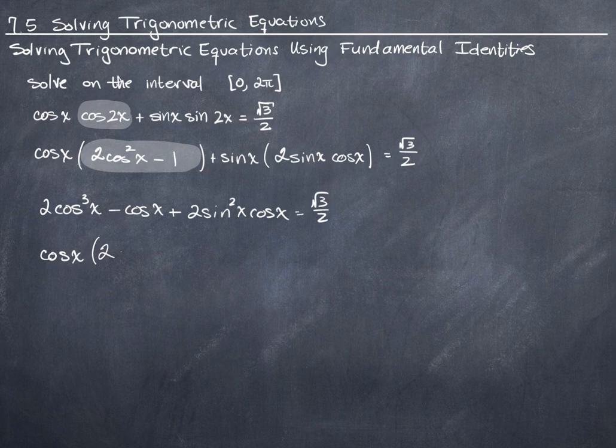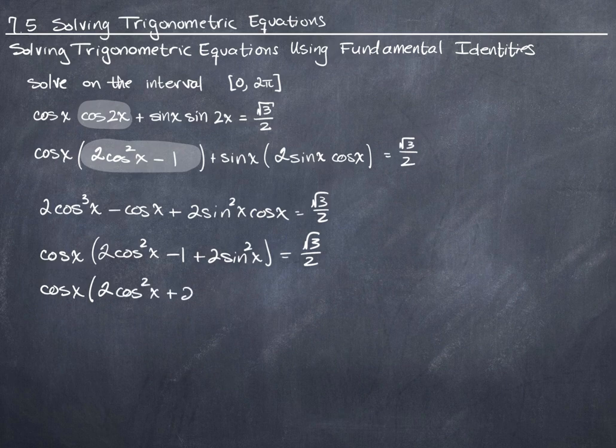I get 2 cosine squared of x minus 1 plus 2 sine squared of x equals root 3 over 2. Now I have cosine of x times, looks like I have 2 cosine squared of x plus 2 sine squared of x minus 1, just reordering the terms there.